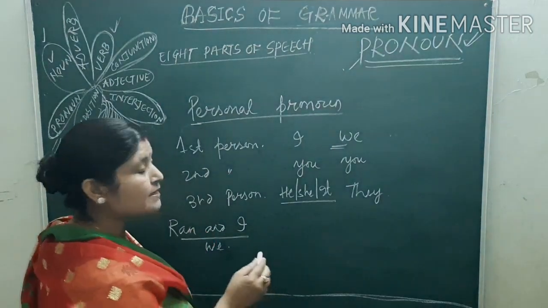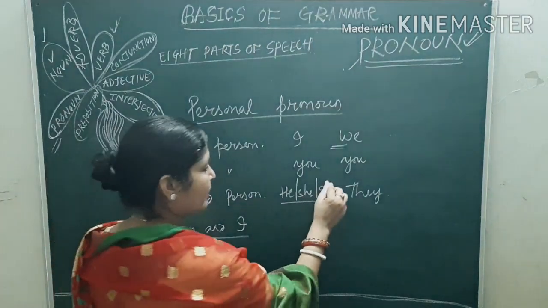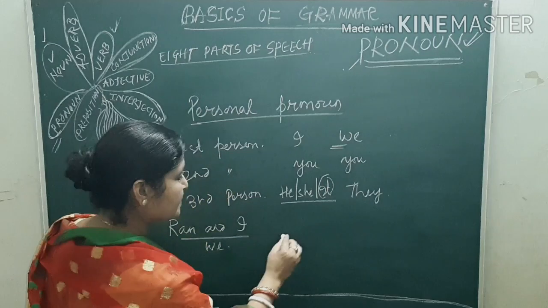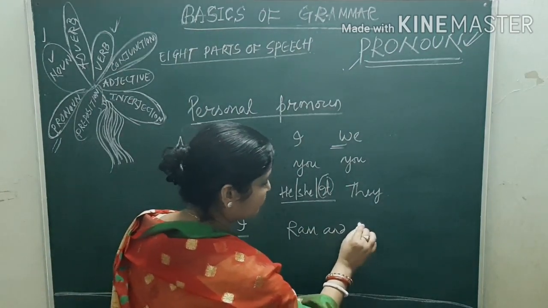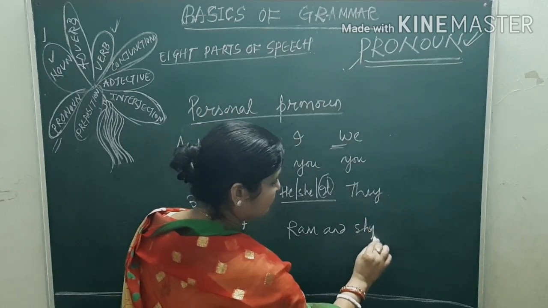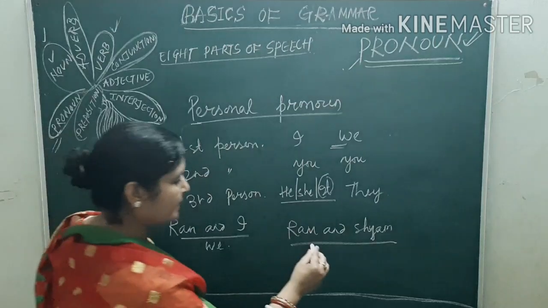For example, if you are talking about a non-living thing, then we will write it. For example, given Ram and Shyam, in place of Ram and Shyam, what will we write? We will write they.